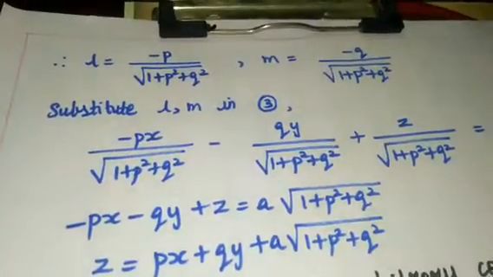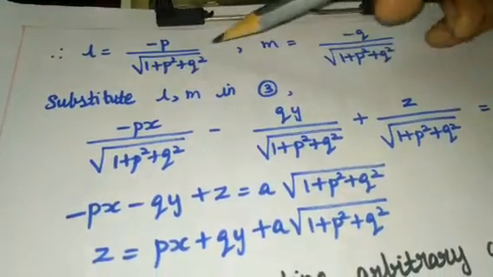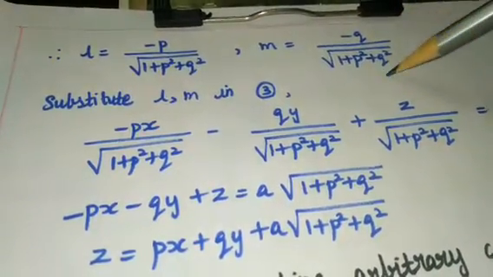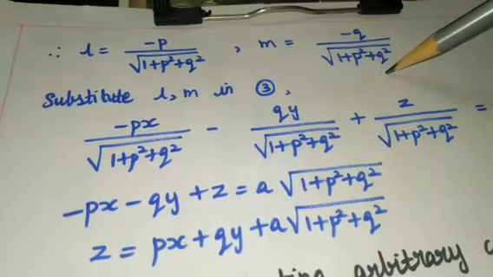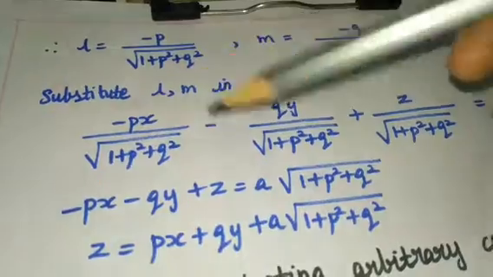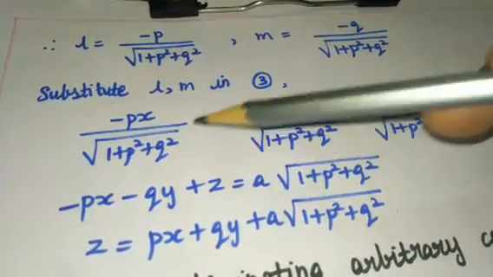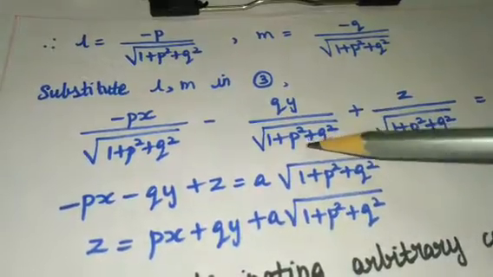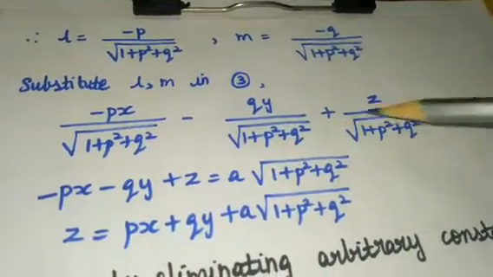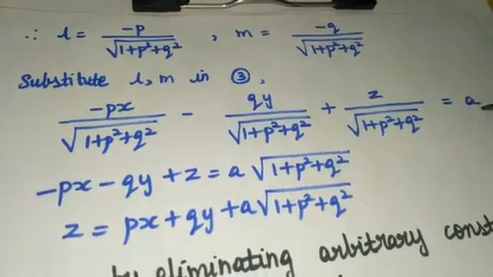So if we substitute in l, then it becomes −p divided by √(1 + p² + q²), and m is equal to −q divided by √(1 + p² + q²). So substitute this l and m in equation 3. So it becomes −px divided by √(1 + p² + q²) minus qy divided by √(1 + p² + q²) plus z by √(1 + p² + q²) is equal to a.